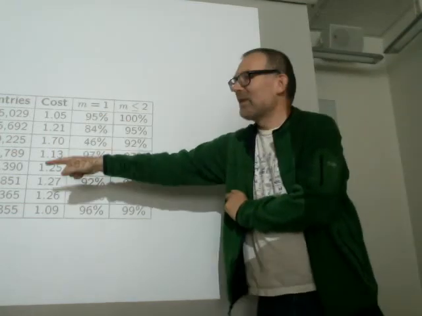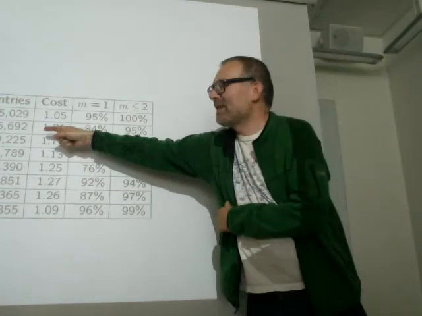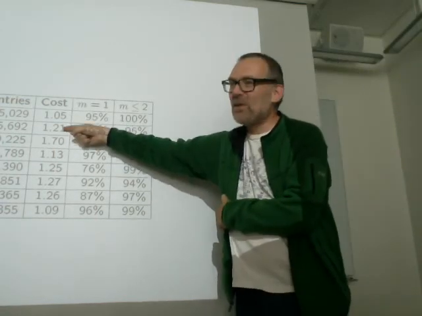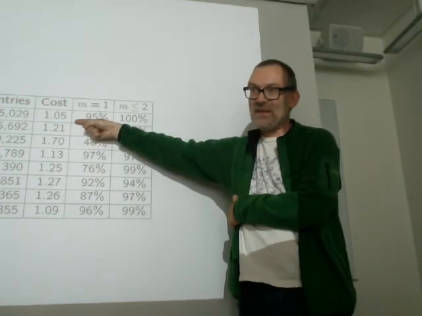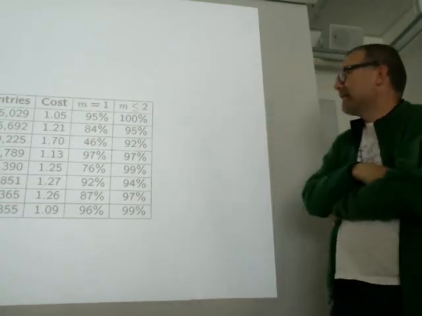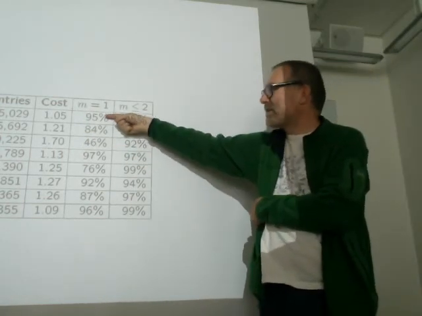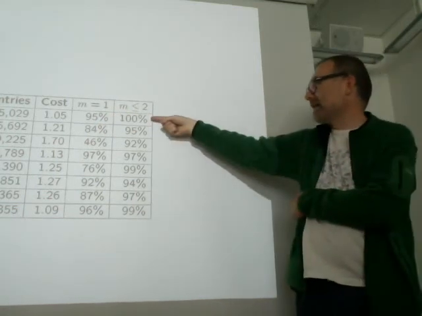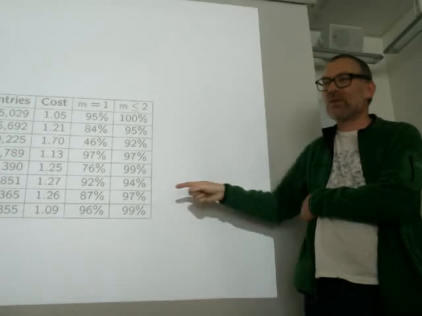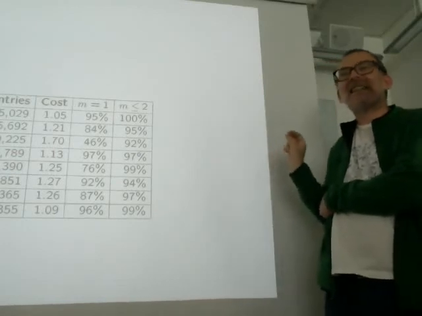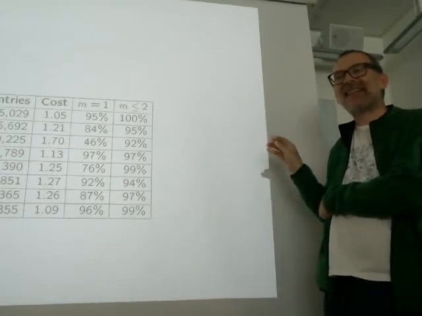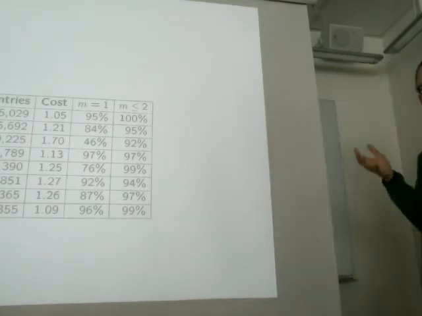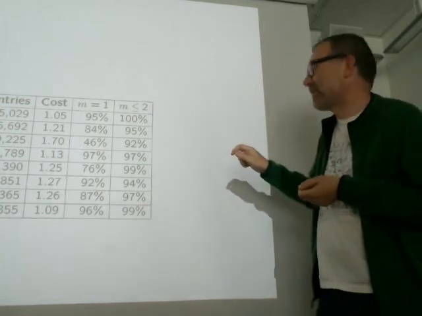The number of forms that you have, the number of entries we had in the lexicon, then the average cost, how many forms you need, how many words you get right with just one, and how many you get with two, because two is still a number of forms that you can easily ask someone to add, but if you ask for many more, then it becomes more and more complex.